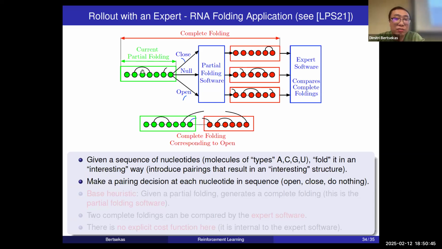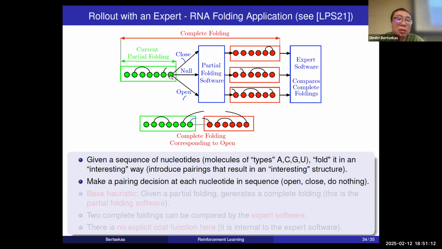So for this problem, if we frame it as a dynamic programming problem, the state is any of the partial foldings. At this point, it is this sequence of molecules together with its folding. This one matched with this one, and this one we declare is going to match with some other subsequent molecule. We don't know yet which one it's going to match, but we know it's going to match some of them.